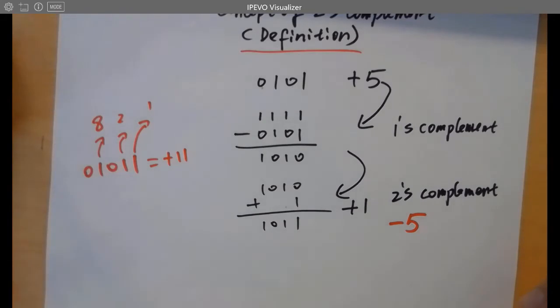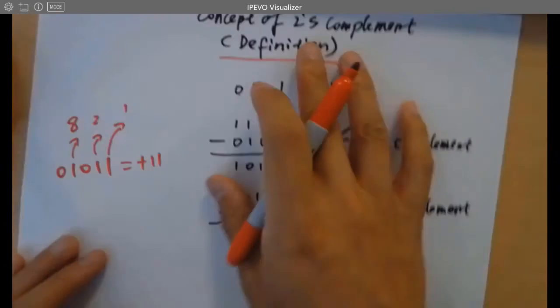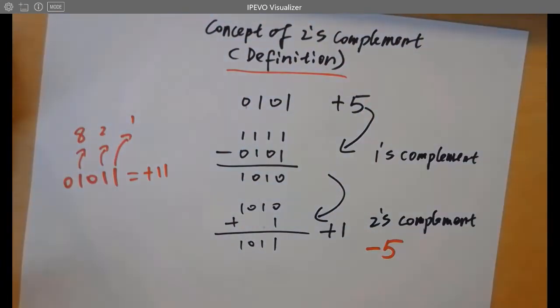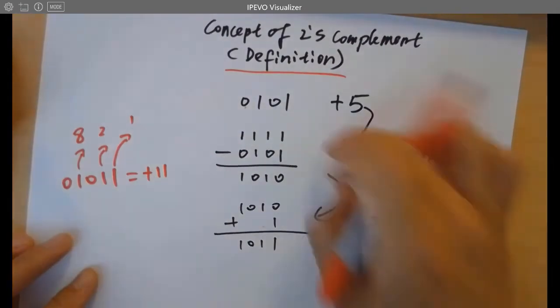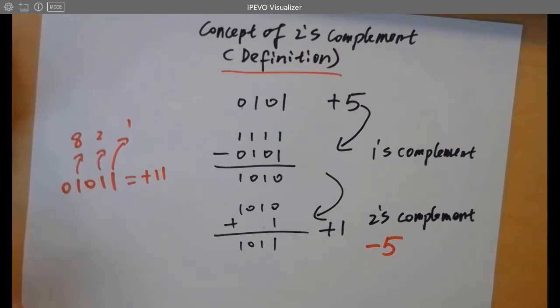Remember, you have a cheat sheet here. Just move your eyes. Invert and plus 1. That's it. Yeah, invert and plus 1.